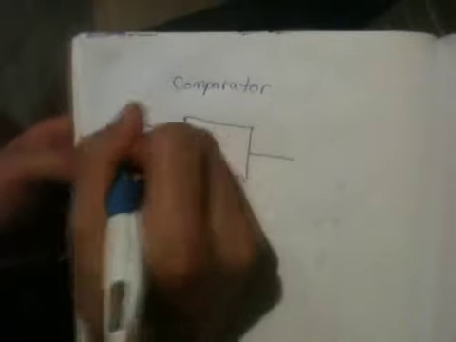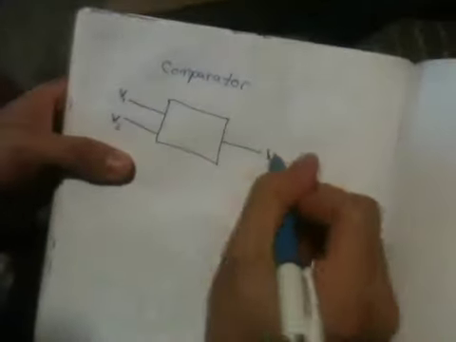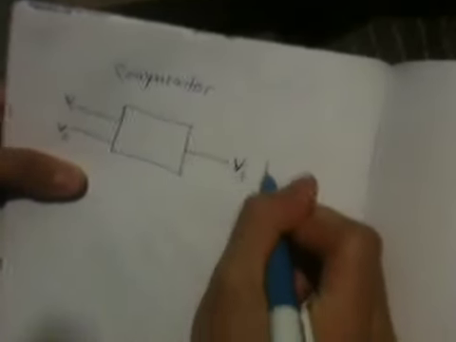The two inputs are of different electric potential, so there's a different voltage assigned to each, and it changes. The output is V3, and V3 can be high or low depending on the inputs.